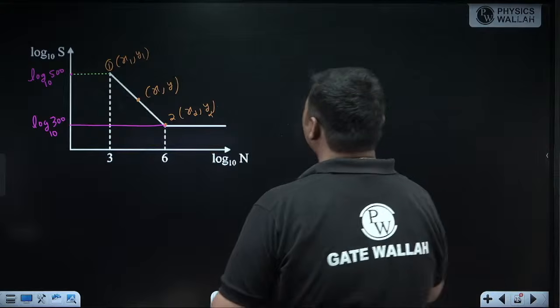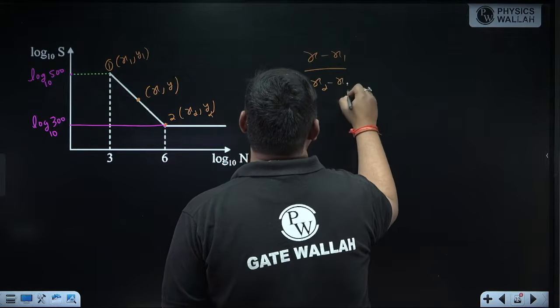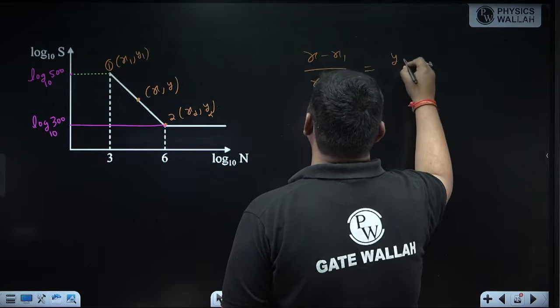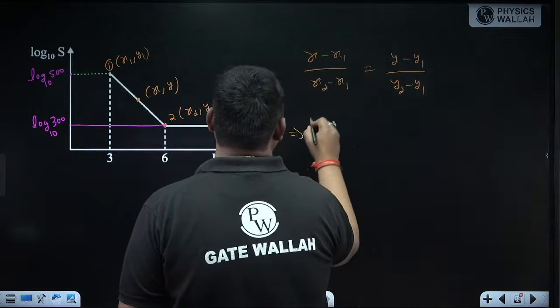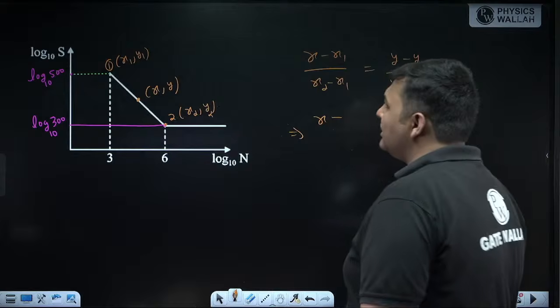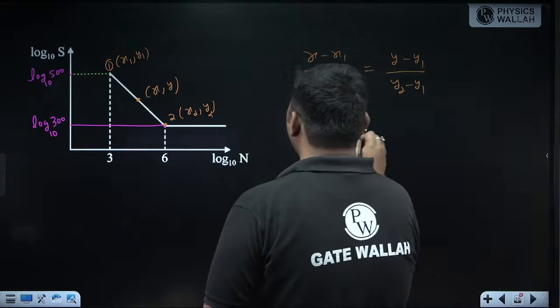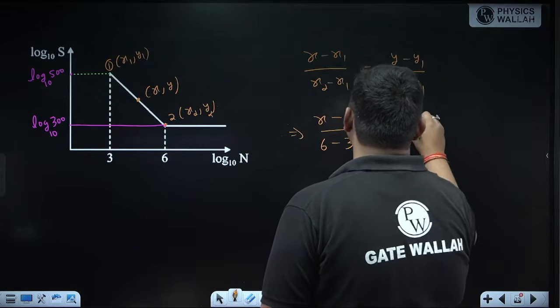So what is the relation? It will be x minus x1 upon x2 minus x1, that will be equal to whatever pattern we have used with x, use the same pattern with y. So it will be y minus y1 upon y2 minus y1. Now x minus x1. x1 is the x coordinate of point 1 which is 3. So x minus 3 upon x2, the x coordinate of point 2 which is 6, minus x1 which is 3, equal to y minus y1.